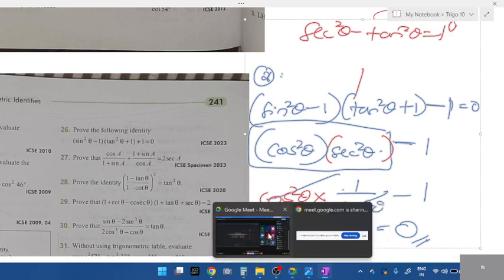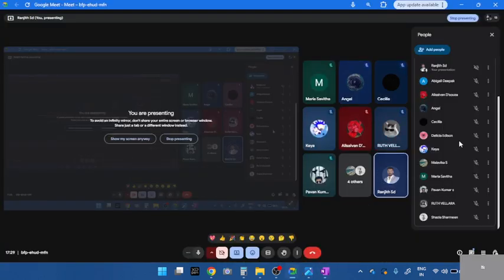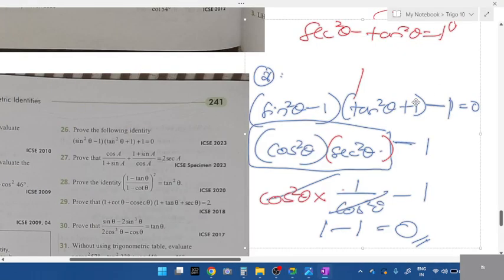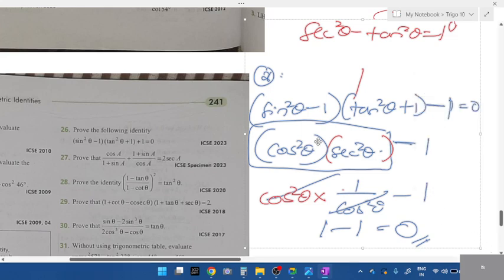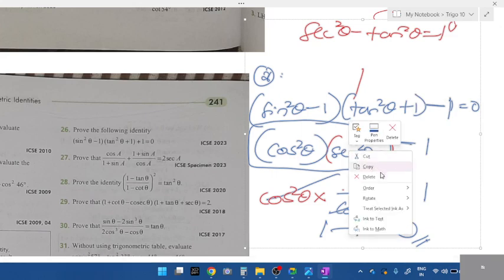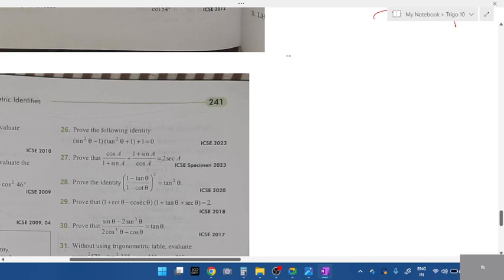Okay, try the next one. This was a simple one. Square was given, use square relation. Next question, try the 27th one.